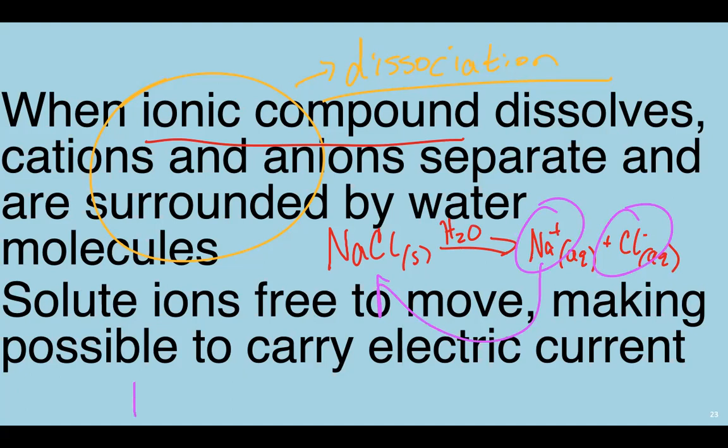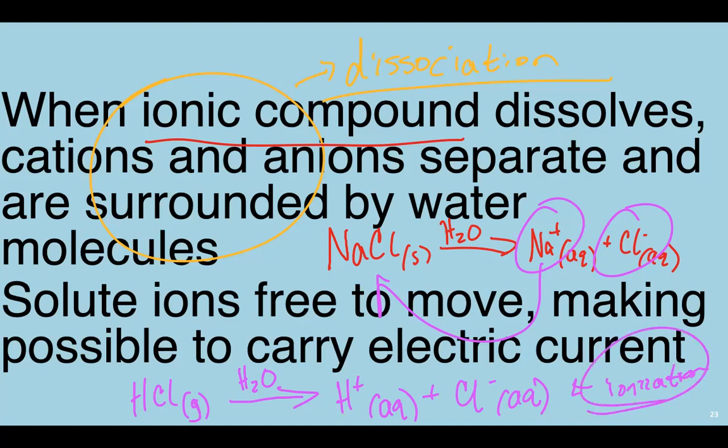However, if I take hydrogen chloride gas, HCl(g), and I dissolve that in water, I form hydrogen ions, which of course will basically be hydronium, which I'll talk about later, but just for simplification. This is an example of ionization.